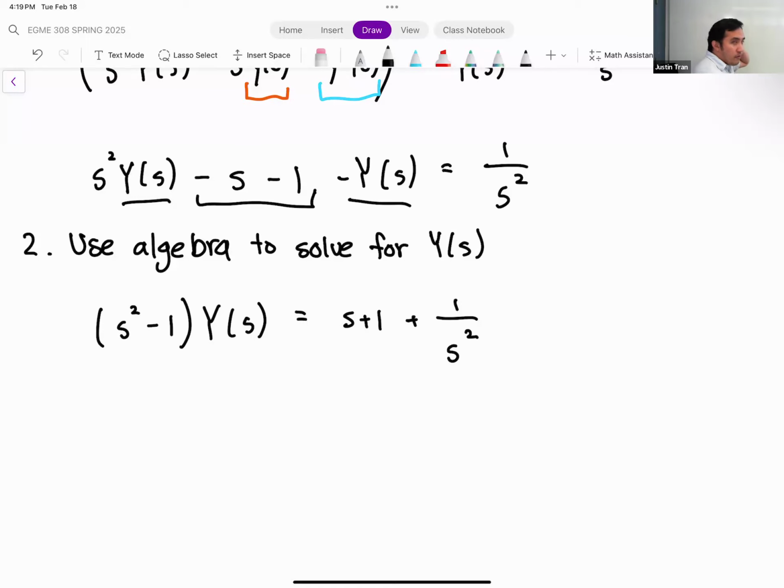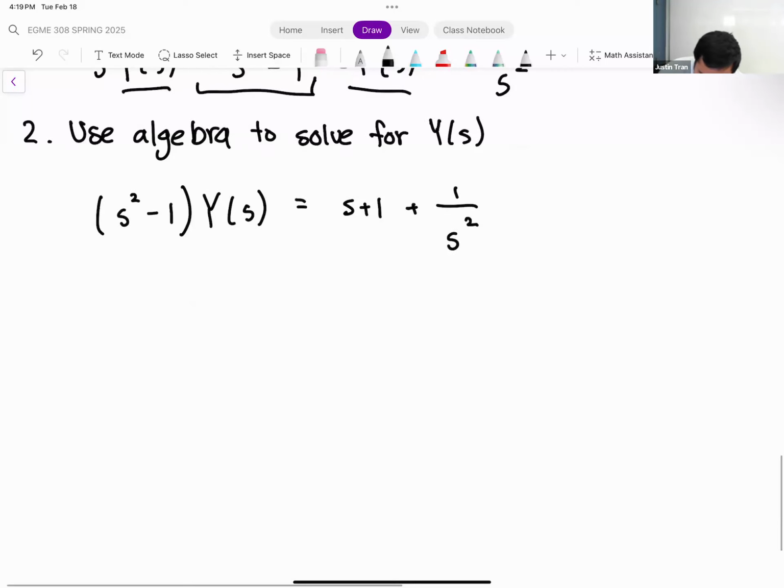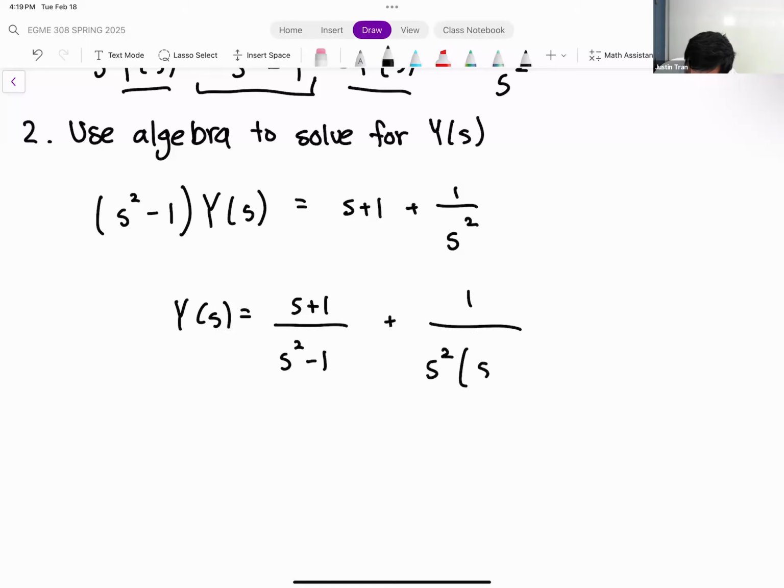To fully solve for Y of s, we divide both sides by s squared minus 1, which isolates Y of s on the left-hand side. We get Y of s is equal to s plus 1 divided by s squared minus 1, plus 1 over s squared times s squared minus 1.